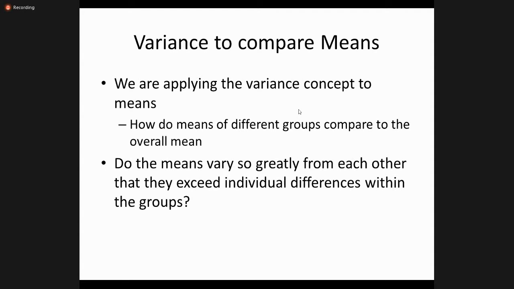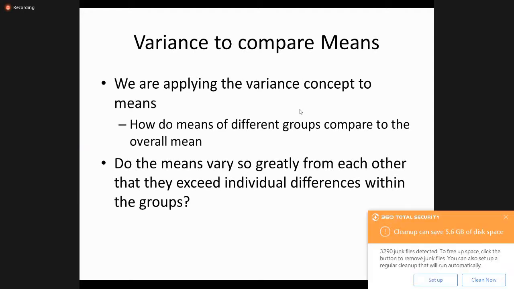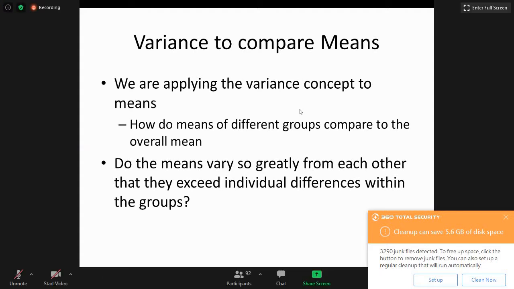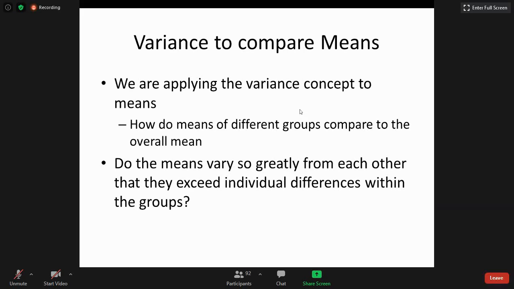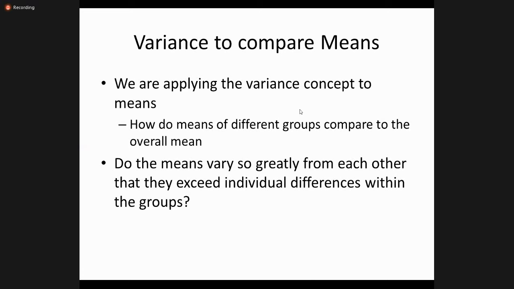Basically in the t-test we look at the means, but in ANOVA we look at the variances. So we are applying the variance concept to means. Same as in the t-test, we see the difference of means within different groups, two groups, but we use the same knowledge, the same technique about variances. Variance is basically related to standard deviation, which is a type of variation. We discussed it in previous classes regarding descriptive statistics.